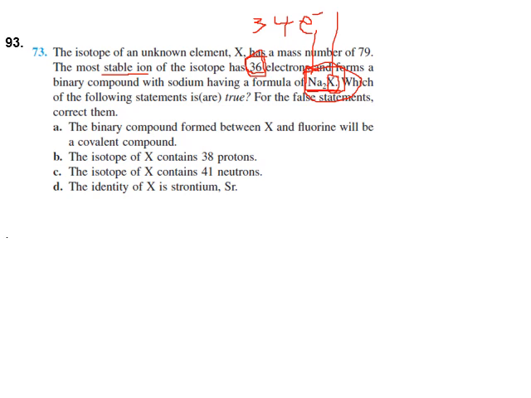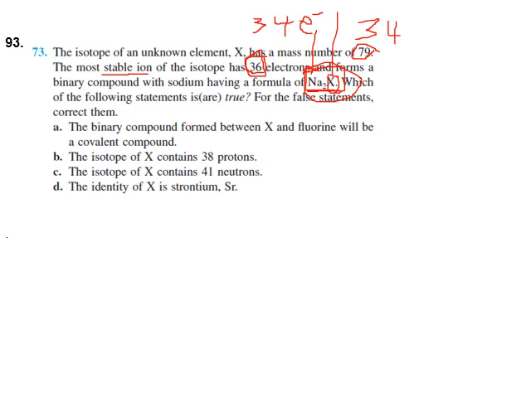So if it has 34 protons, you just look up the chart and go to atomic number 34 and find what that is, which I can't remember off the top of my head. I want to say selenium, but I'm not sure. Anyway, whatever it is, we'll see it on the next slide. So if the mass number is 79, and 34 of those are protons, how many would be neutrons?